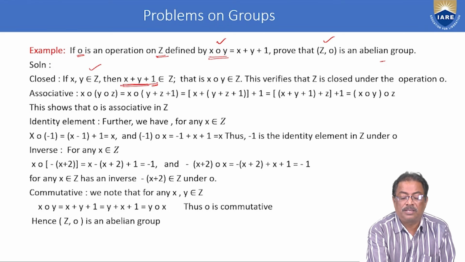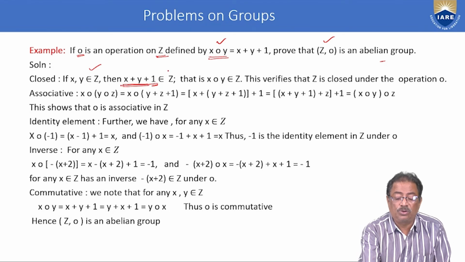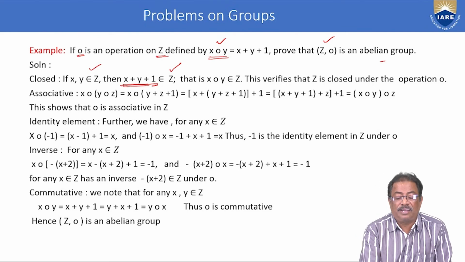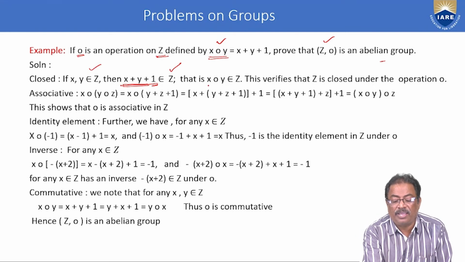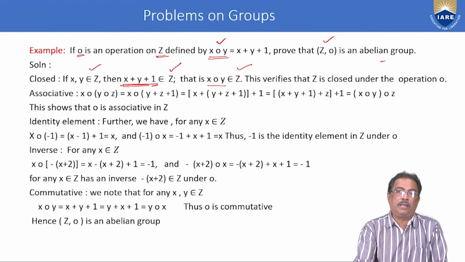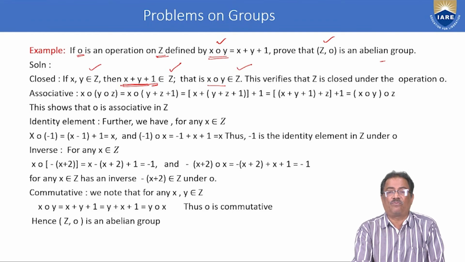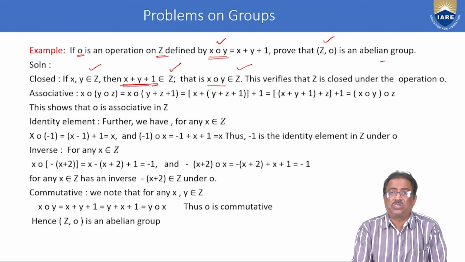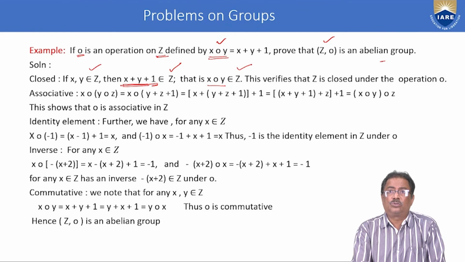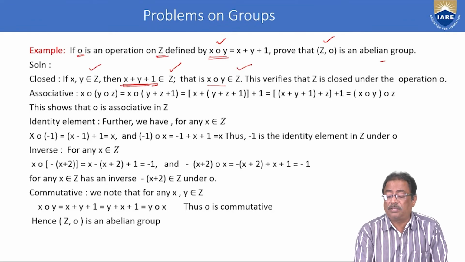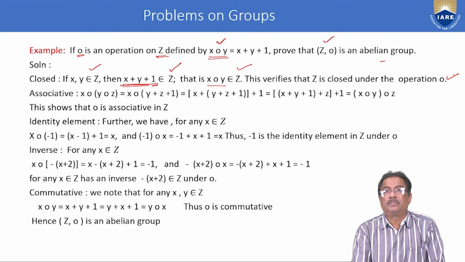So this is nothing but the addition of integers, so it is also a member in Z. So we can say that X circle Y also belongs to Z, because X circle Y can be represented as X plus Y plus 1. X is an integer, Y is an integer, 1 is an integer. So the addition of integers is again an integer, which belongs to Z. So it is closed under the binary operation circle.